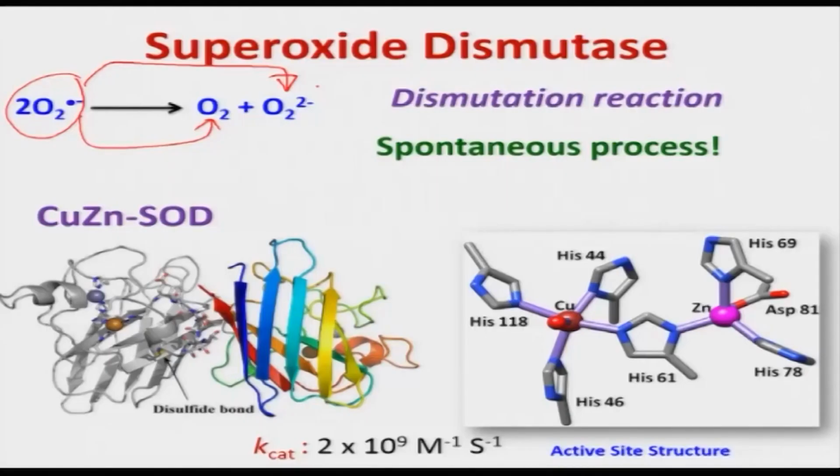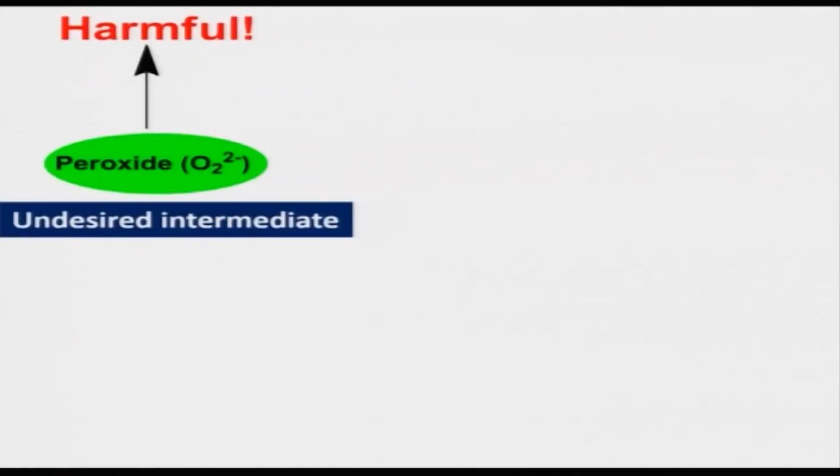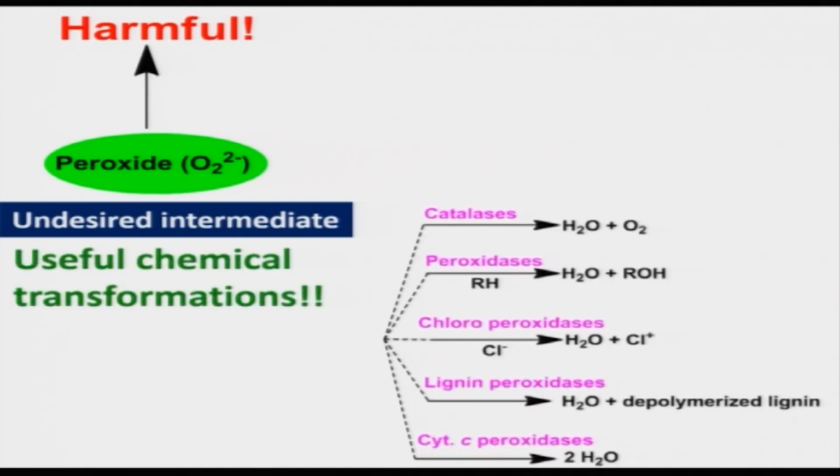The superoxide, as you can also see, produces peroxide, which is another harmful product. This peroxide is an undesired intermediate and extremely harmful for biology, and nature cleverly makes use of these peroxides to produce lots of very important chemical transformations, which are otherwise impossible to do.